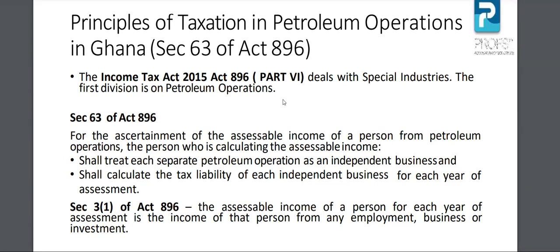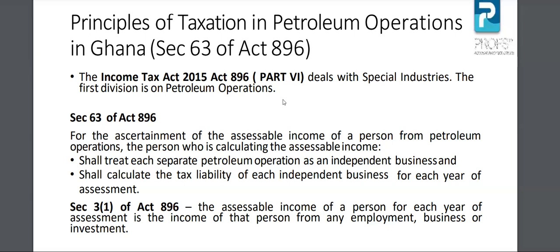When it gets to the development, there is a plan that is being built and it will need to be approved. So we have a term called the same separate petroleum operation. Same separate petroleum operation means that it is with respect to the same oil field that the development plan is being approved. So once it is with respect to the same oil field, it's a same separate petroleum operation.